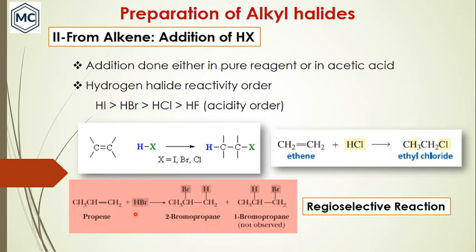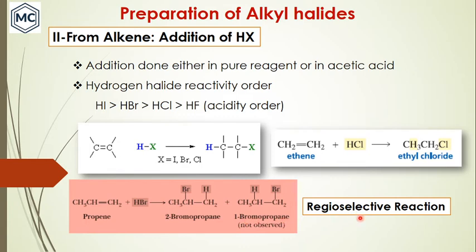But when you use this compound propene, there is a possibility of getting 2 products, because this hydrogen can go to either this carbon atom or to this carbon atom. When it goes to the primary carbon atom, you get 2-bromopropane. When H plus goes to the secondary carbon atom, you have a possibility of getting 1-bromopropane.